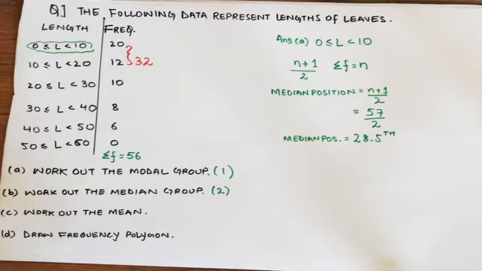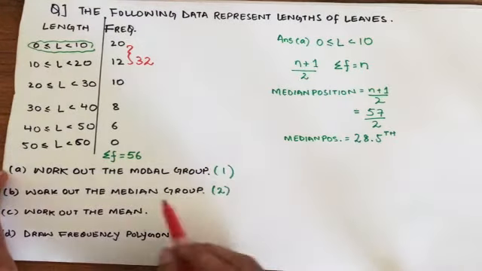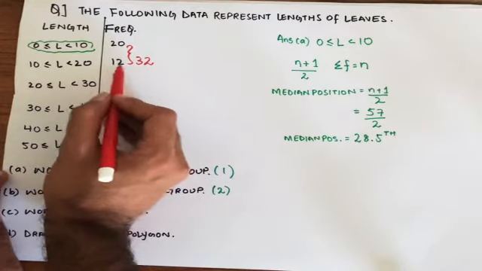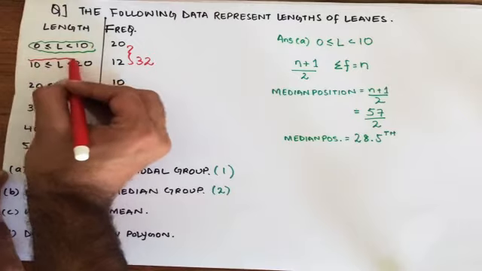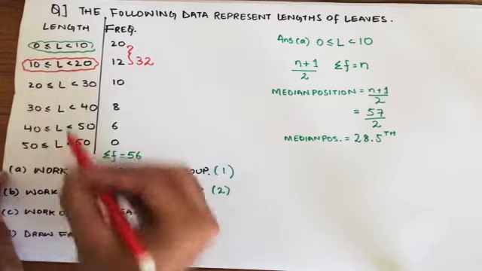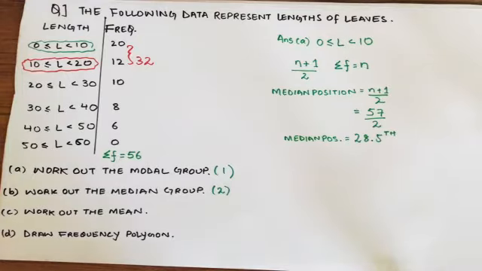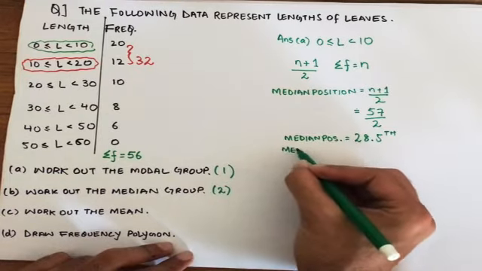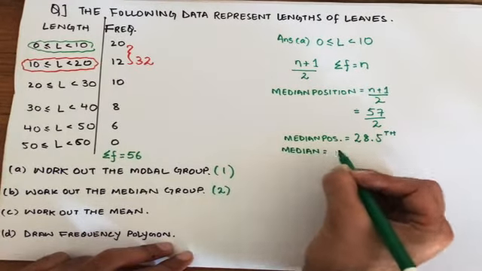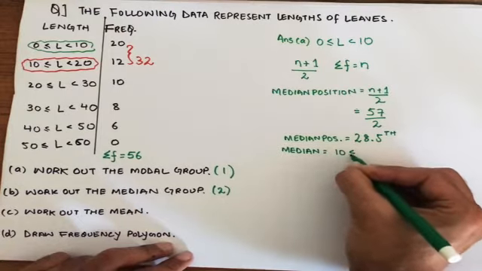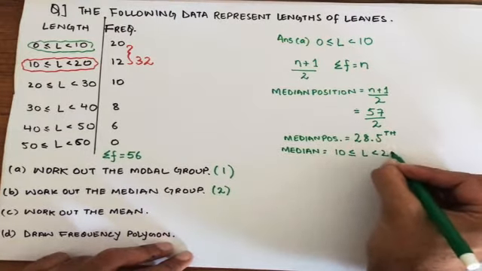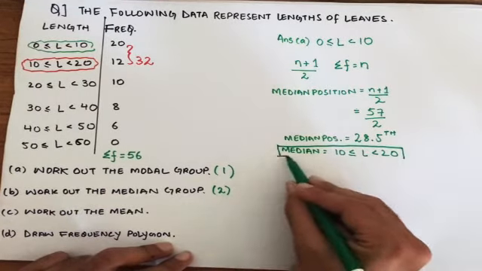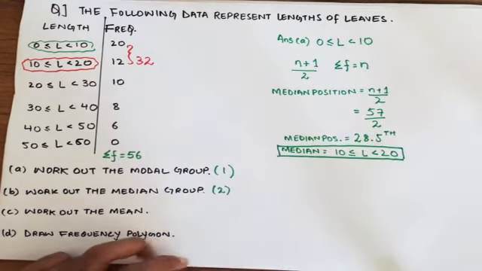So our answer is the median group lies in this frequency. And what is the group? Again, notice the answer is never from the frequency, it is always from the data. It is this group. So your median group is the second one. So median group here is 10 to 20. Let me just go ahead and box this. This is your answer, B part.